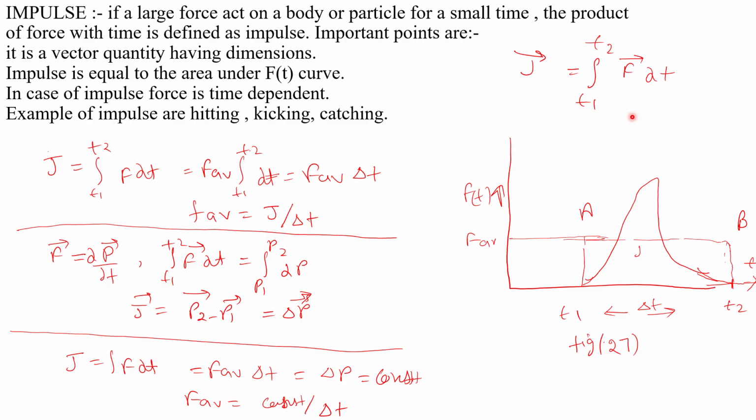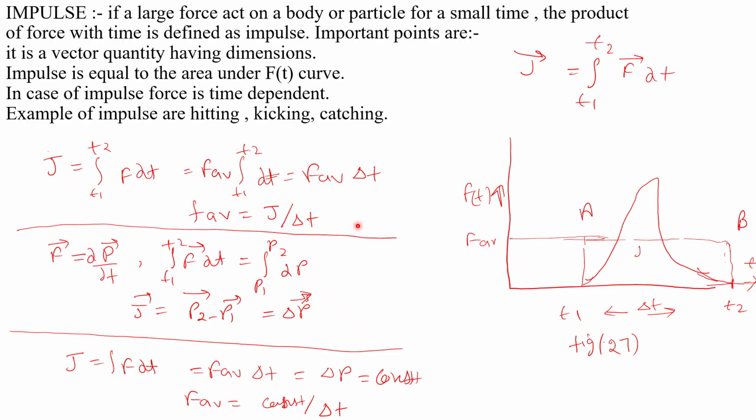Second, it is clear that the impulse is equal to the area under the F-t curve, as shown in this figure. Next, in case of impulse, usually force is time dependent. So if F average is the average magnitude of force, we can write the magnitude of impulse as J equals the integration from t1 to t2 of F dt, equals F average times delta t, in which delta t is the duration for which the force acts.